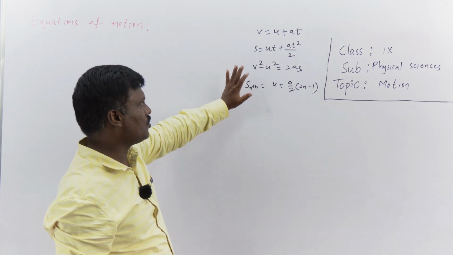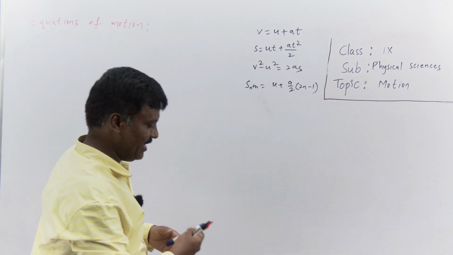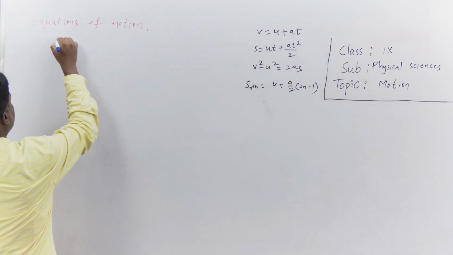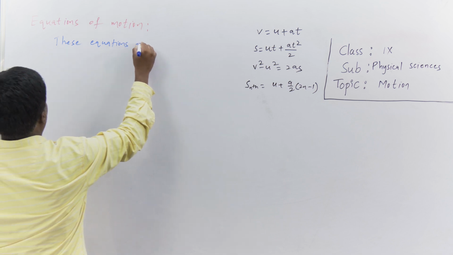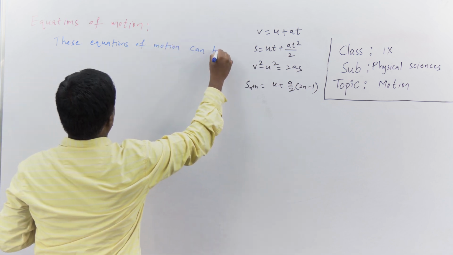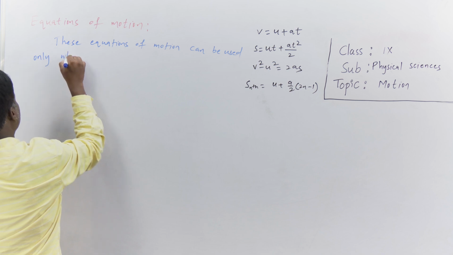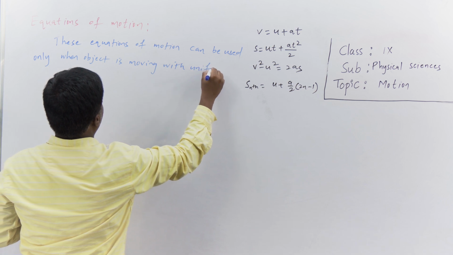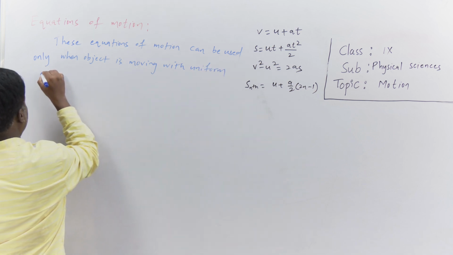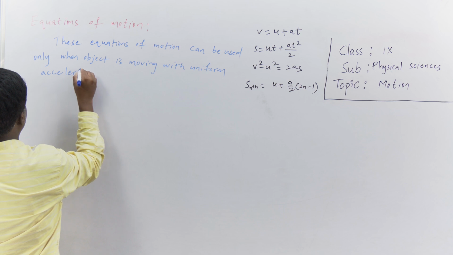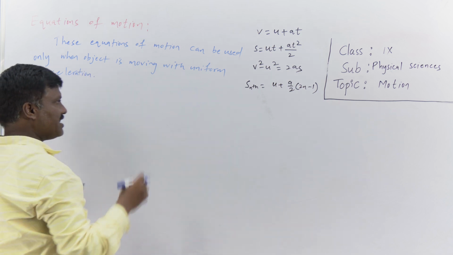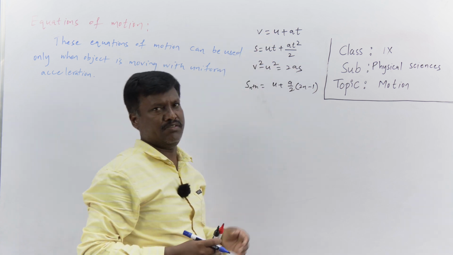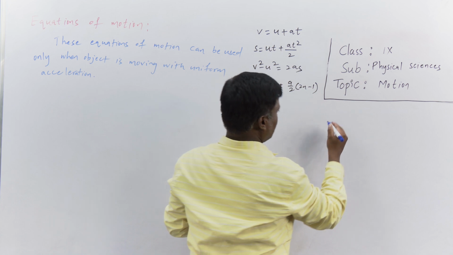These equations of motion can be used only when the object is moving with uniform acceleration. Whenever the object is moving with uniform acceleration, we use these equations to find the initial velocity, final velocity, acceleration, time, distance covered. Otherwise, normally we have other formulas.